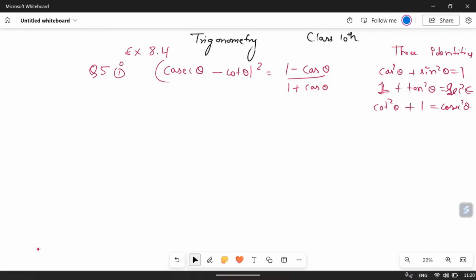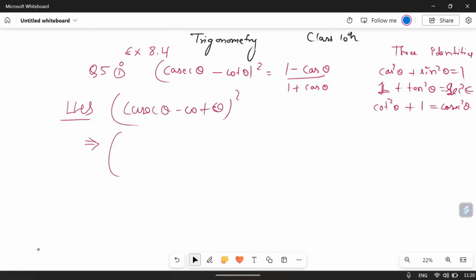So let's go ahead. Starting from the LHS, there is (cosec theta minus cot theta) whole square. Since we cannot use any squaring identities right now, our best trick is to convert this function into sine and cos form.